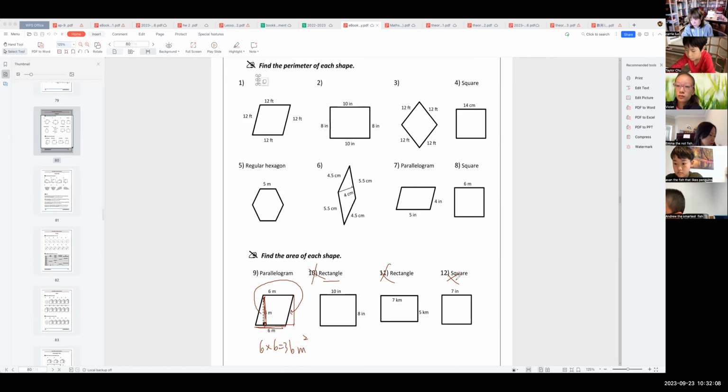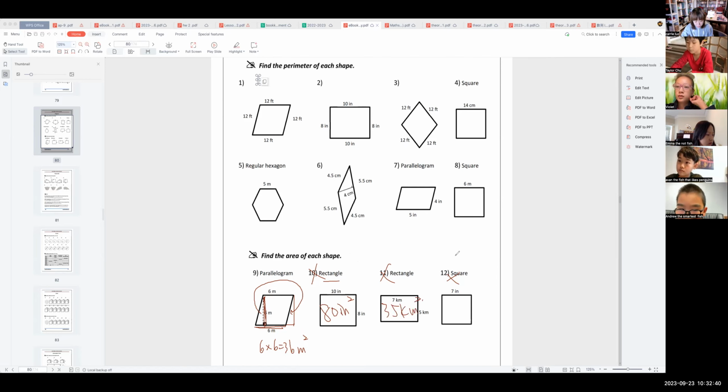Okay, so first question, I want to call Taylor. Can you tell me what is the area of this rectangle? 10 times 8 equals 80. Very good. 80 inches square. Very good. Taylor, I already see you're improving. Very good. Rectangle, Violet, number 2. 35 kilometers square.